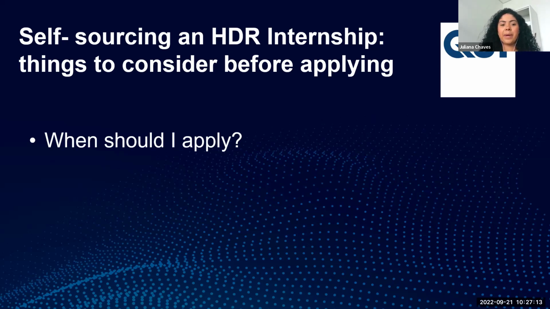So depending on the step you are at in your candidature, that's when you should apply. I always say apply not between your deadlines. For example, I think you can only apply after the confirmation. But if it's really close to your final seminar, I would not apply for an internship.